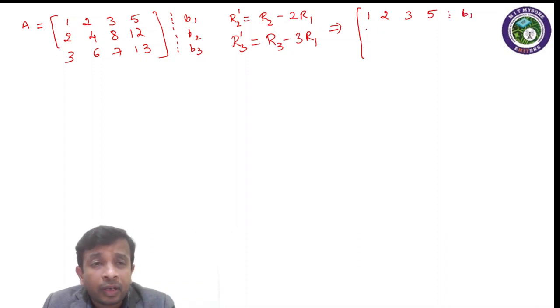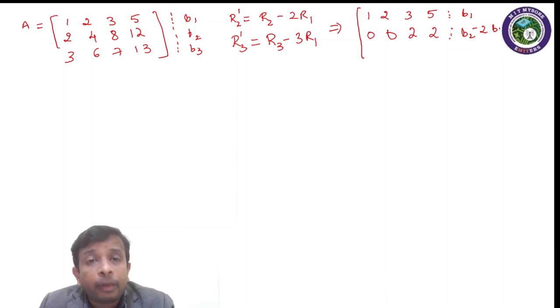And R2 goes 0, 0, 8 minus 6 is 2, 12 minus 10 is 2, and this would be b2 minus 2b1. That is, we are applying the same row operations on the elements of column vector b as well. Just keep it in your mind, you need to apply the same row operations.